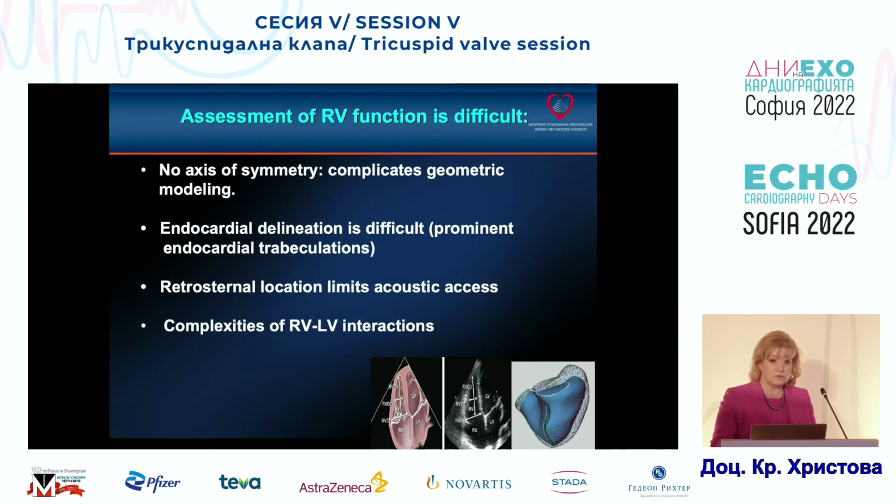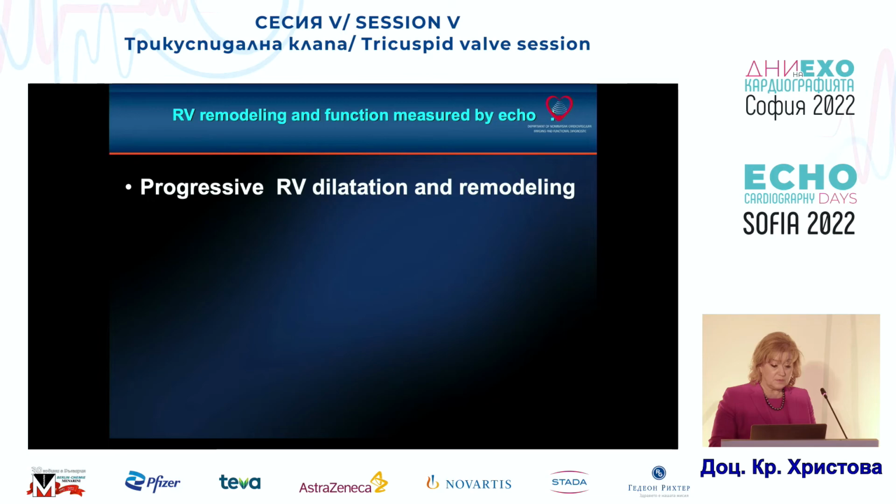Така че именно тази комплексна връзка между лявата и дясната камера също е много важно да се оцени и това създава значителни промени по отношение на нашата оценка. Дилатацията на дясната камера прогресира в годините и когато имаме засягане на лявото сърце, ние задължително търсим промени в дясно.